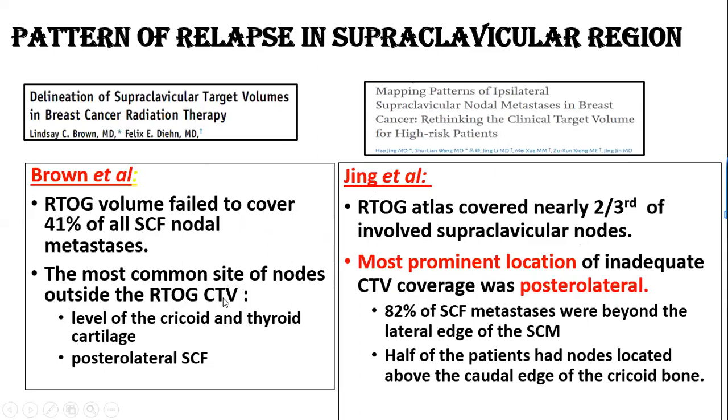The most common sites of nodal relapse outside RTOG are at the level of the cricoid and thyroid cartilage and the posterior lateral supraclavicular fossa. Even in this paper, it is a similar thing.